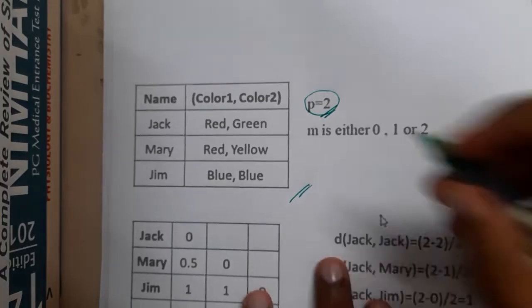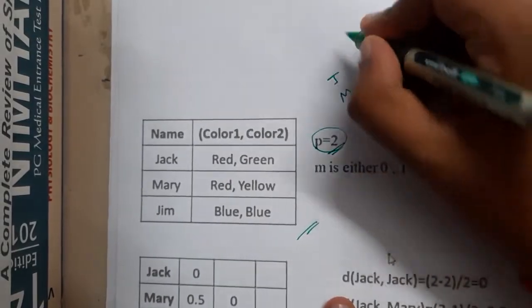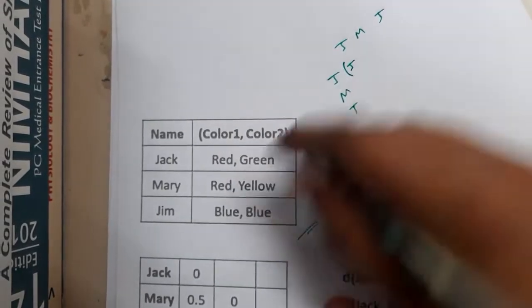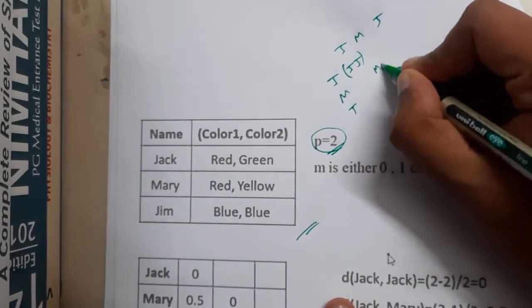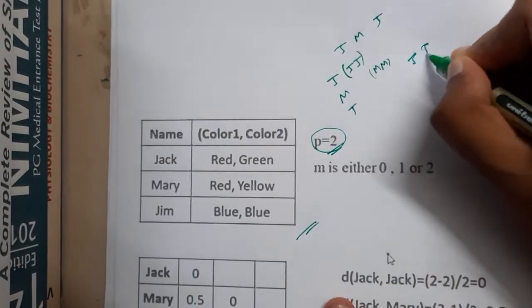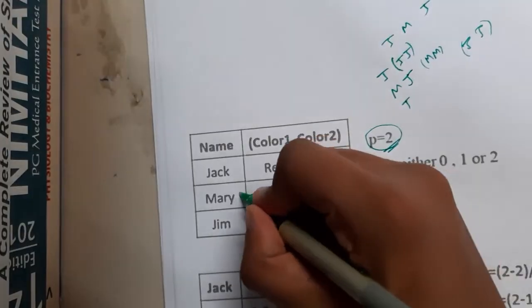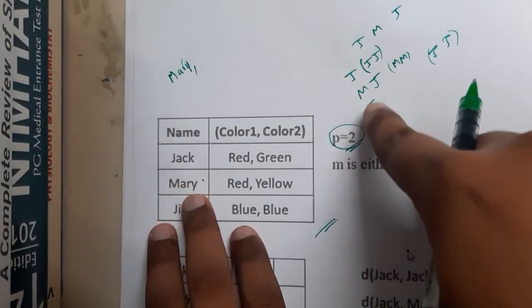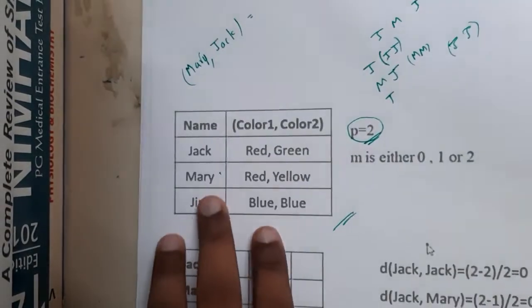Basically, here we are having the matrix with Jack, Mary and Jim. If you write them out, you'll be getting Jack and Jack here, Mary and Mary here, Jim and Jim here. Then you'll be having Mary and Jack; the first value will be Mary and Jack, and we need to calculate this.